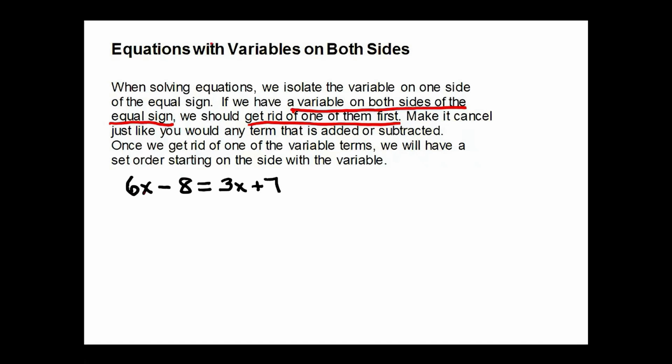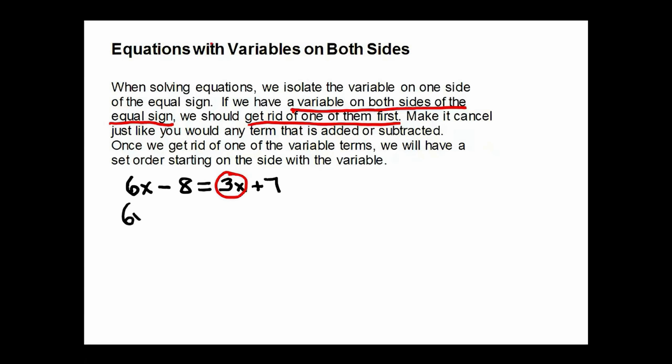It has 6x on the left and 3x on the right. We need to get rid of one of those terms. It does not matter which one you choose to get rid of. I'm going to choose to get rid of the 3x, so I want to make it cancel. It's a positive 3x, so I need to subtract it from both sides.